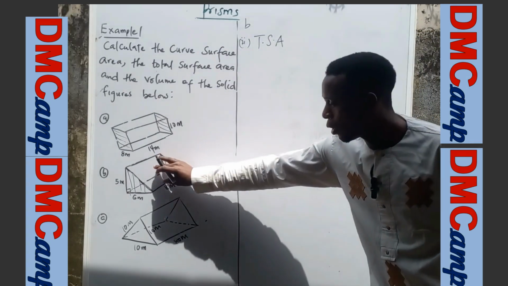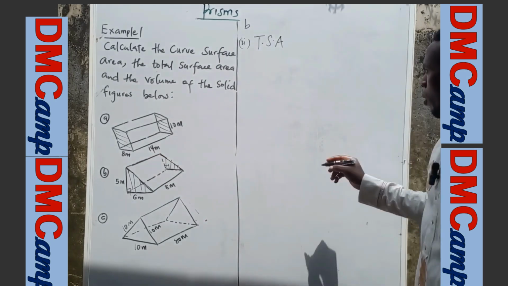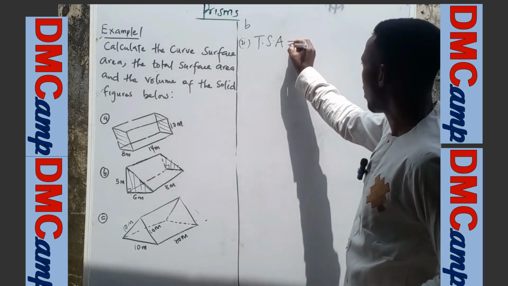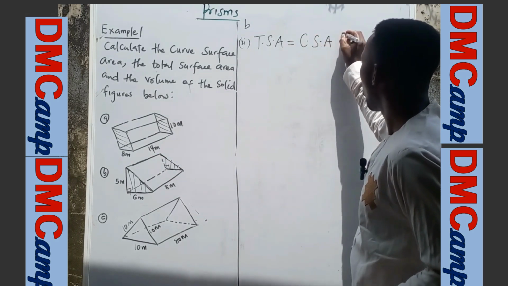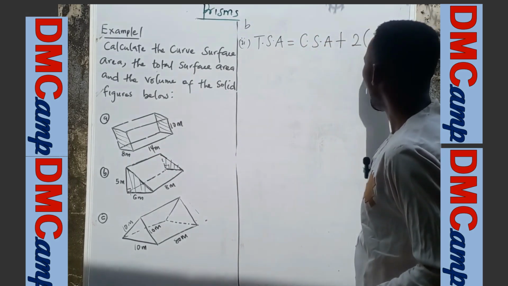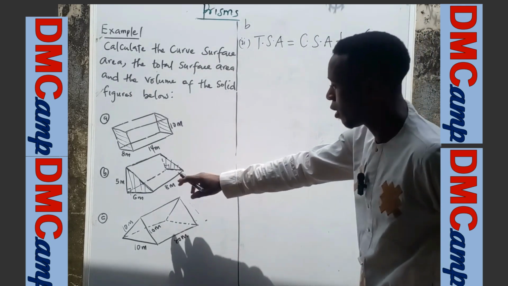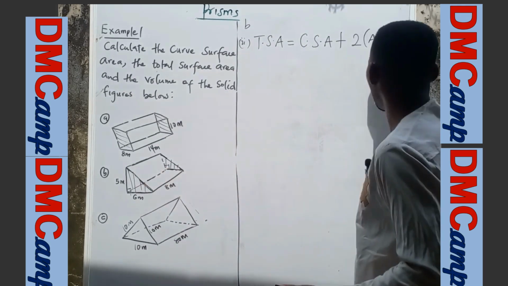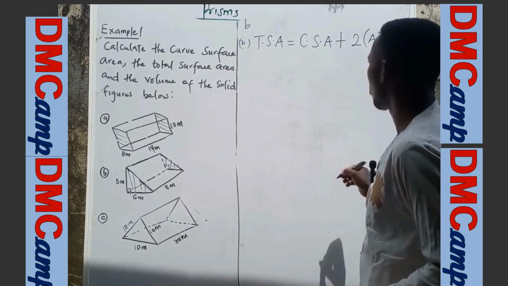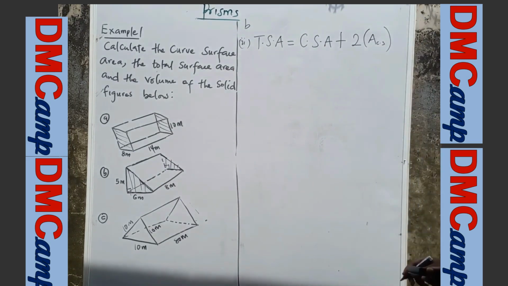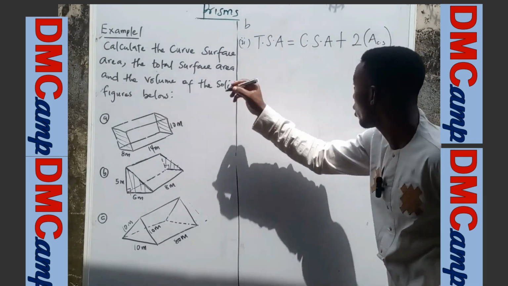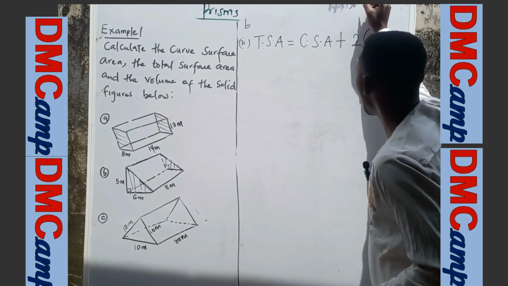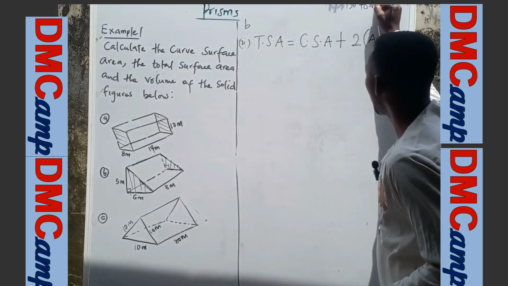Let's see the total surface area of this shape. Total surface area simply says the curved surface area plus the two areas, that is the areas of the cross section. Don't forget, our curved surface area for this is 150.48 meter square.